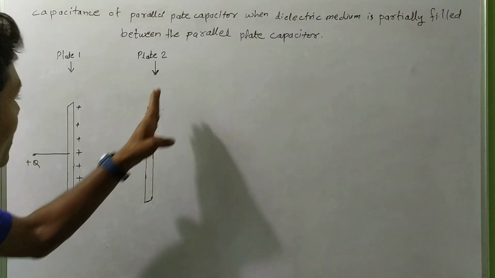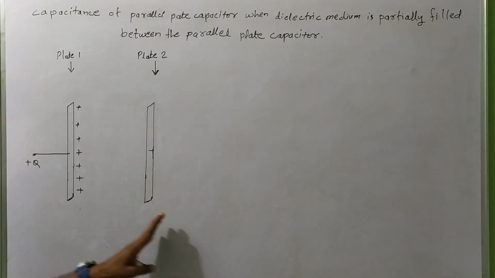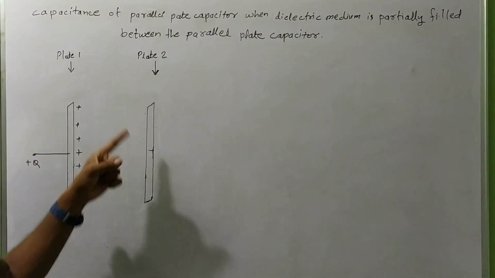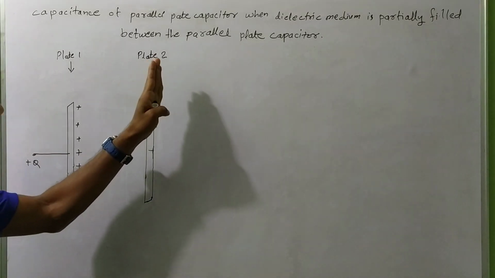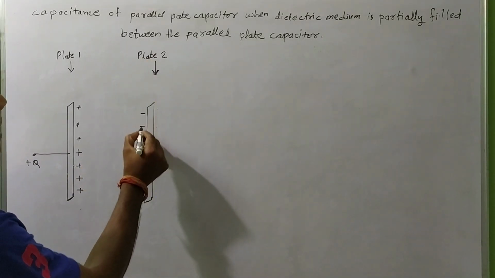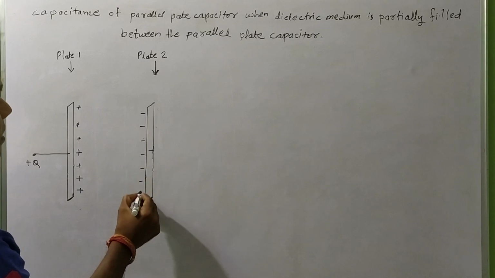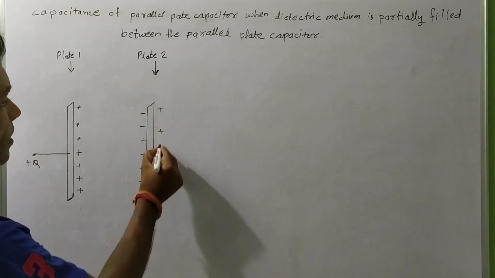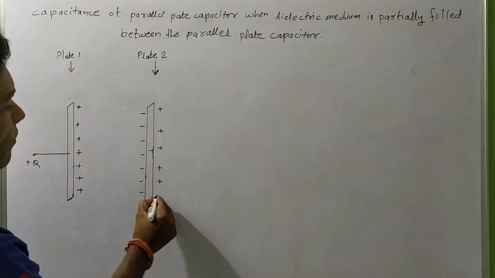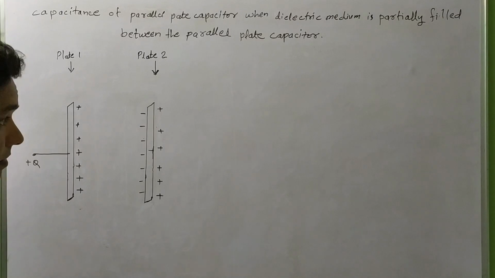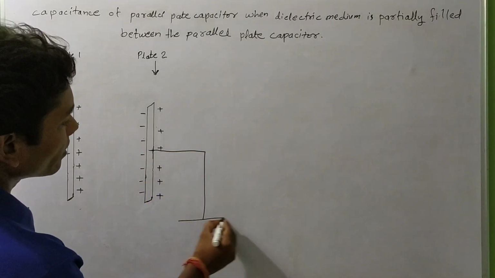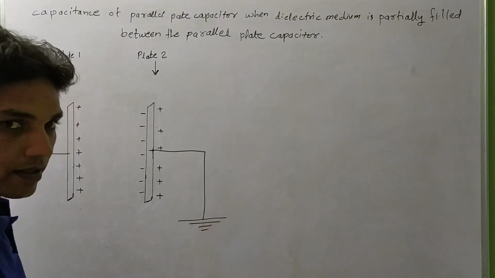Now this plate is very close to the first plate, that's why by induction, on the inner surface of the second plate negative charge will be induced, and on the outer surface positive charge will be induced. Let this second plate be connected to the earth.